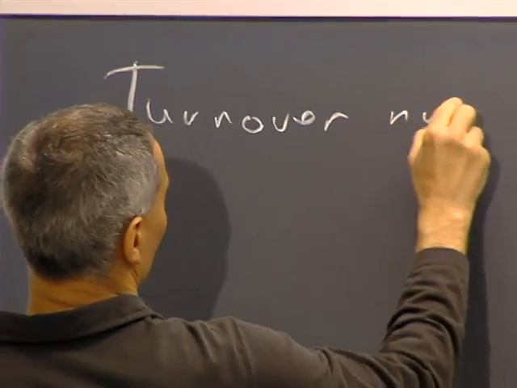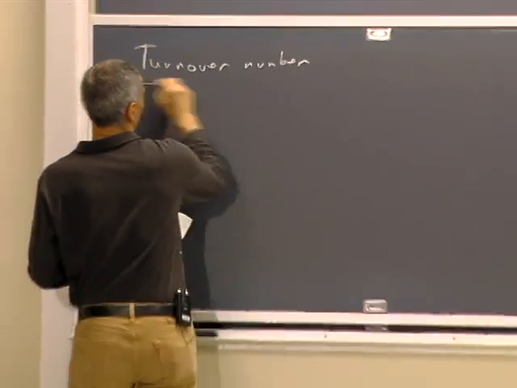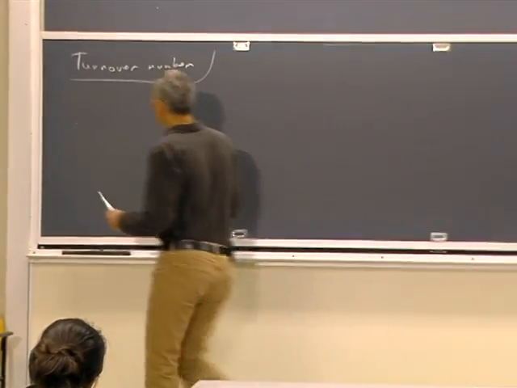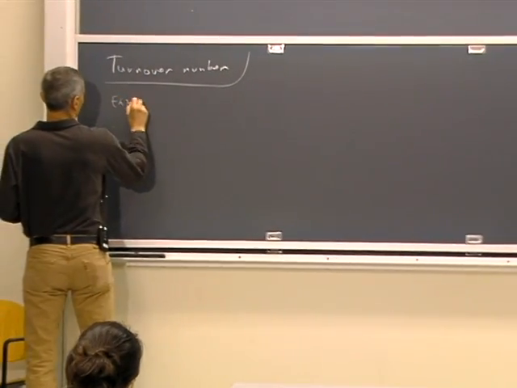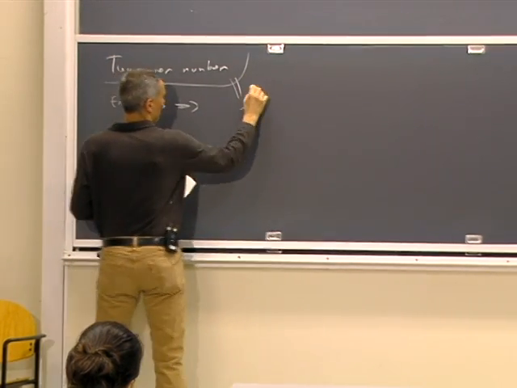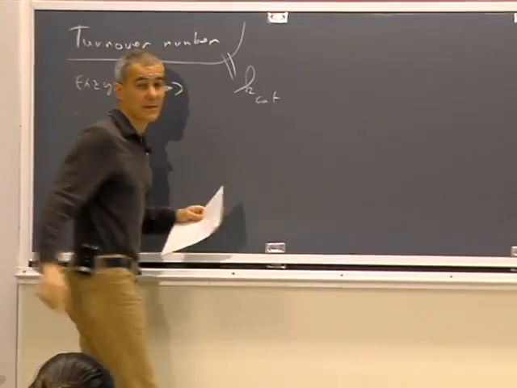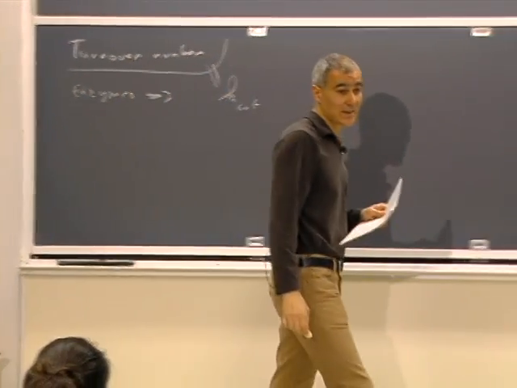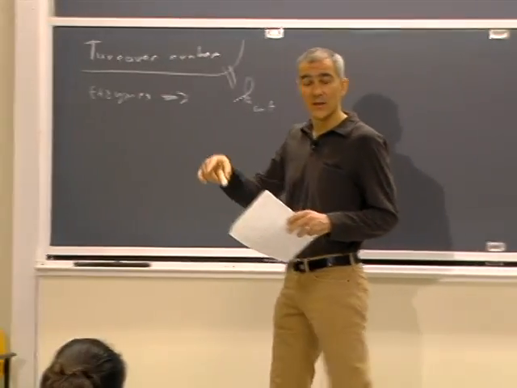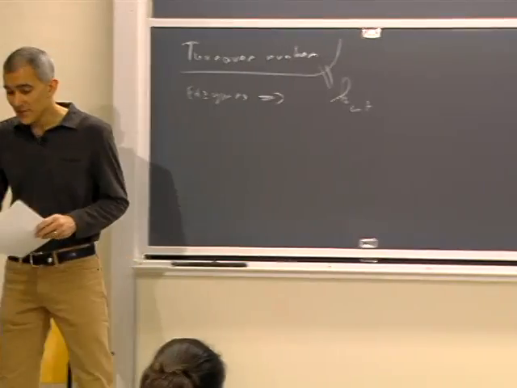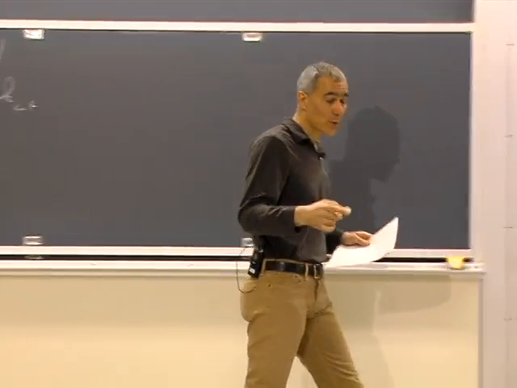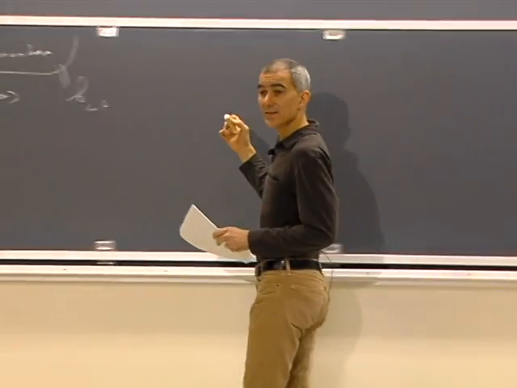Turnover number. This is useful for any kind of catalyst, but for enzymatic catalysts, the turnover number is kcat. It's a rate per second. How many times does a reactant turn into a product per second per catalyst?